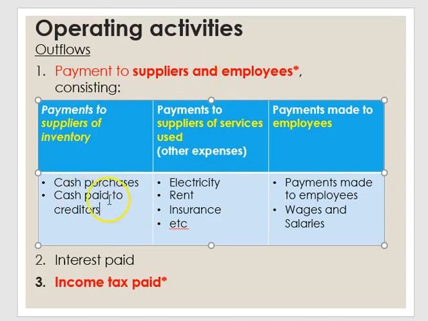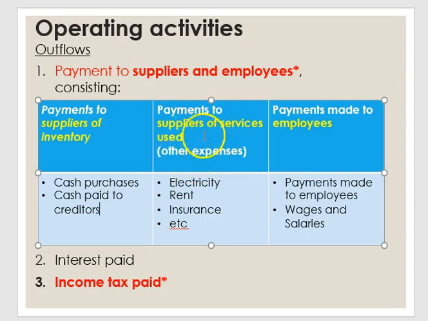Next will be cash paid to creditors. Let's say I buy my inventory on credit and then I pay my creditor later, the amount of money that I paid to my creditor is considered as payments to suppliers of inventory as well. Next will be the payments to suppliers of services used, which we will look at in the SOCI, other expenses part.